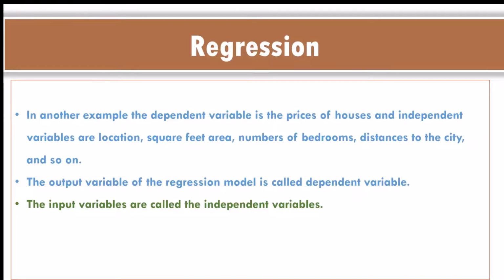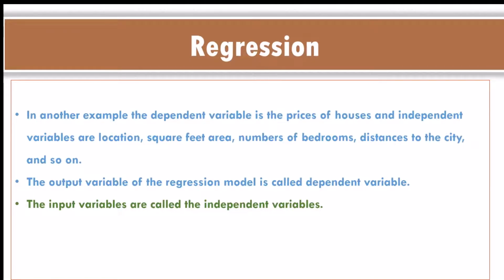Our assumption is that the square feet area doesn't have any relationship with the number of bedrooms, or the location, or the quality of material we are using. So it doesn't have any relationship with any one of the input variables.